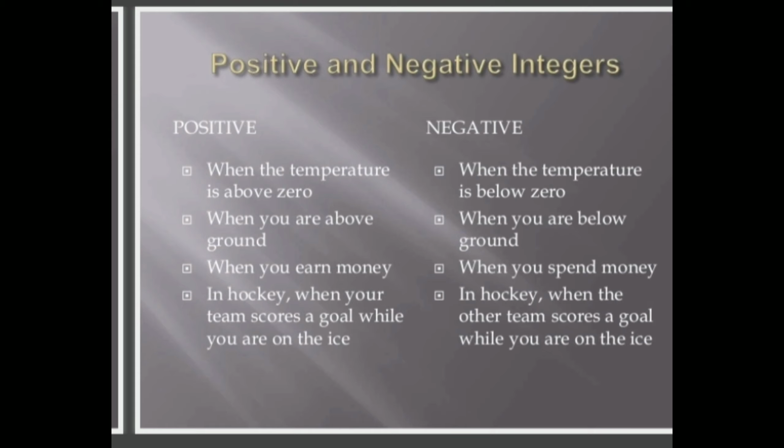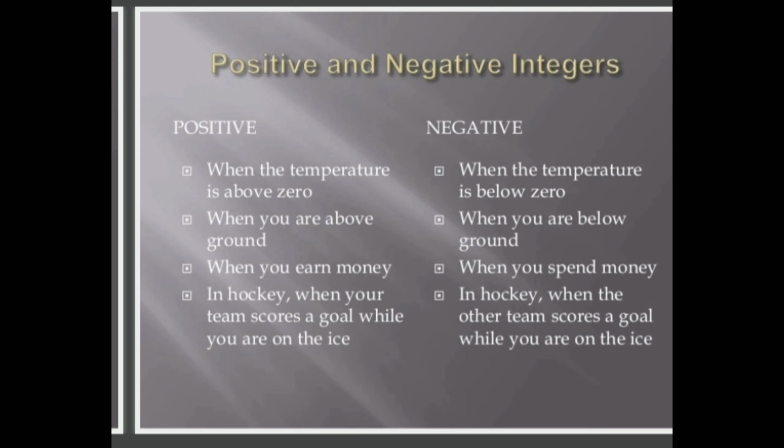Temperature is going to be reduced. That means minus, negative. When you spend money, negative, you don't have any money here. Suppose you have 10 rupees, you spend it buying something. So what will happen? Less than, that is minus 10. Now you have minus 10, that is you spent it. That is negative value. In hockey, when the other team scores a goal, you lose. That means negative value.